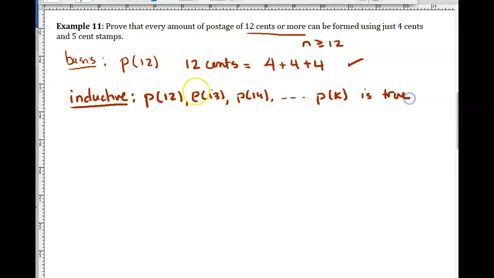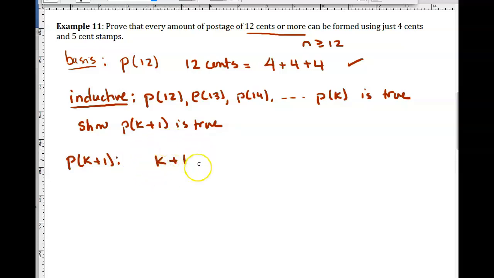So we assume all these postages can be made with just 4 and 5 cent stamps, and we need to show that Pk plus 1 is true. Pk plus 1 means that k plus 1, this integer, can be made up by adding only 4s and 5s.